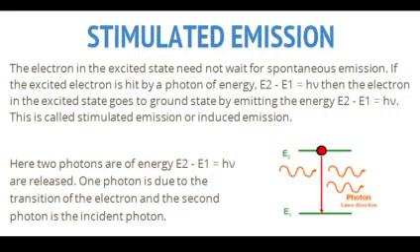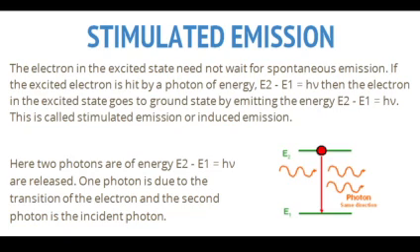Stimulated emission. The second process is stimulated emission. The electron in the excited state need not wait for spontaneous emission. If the excited electron is hit by a photon of energy h nu, then the electron goes to the ground state by emitting the energy h nu.